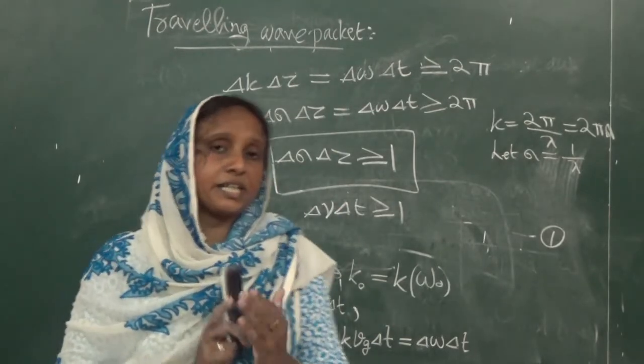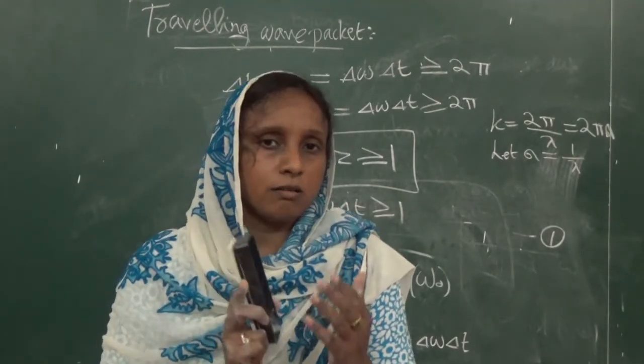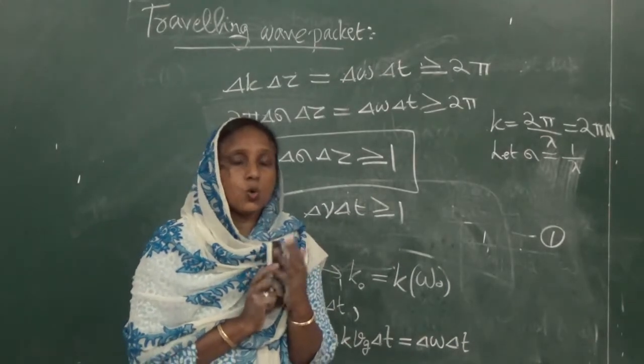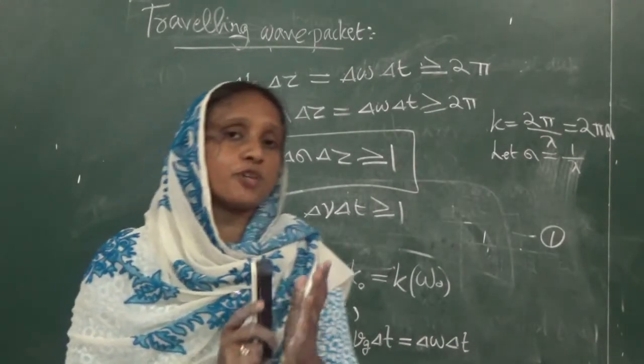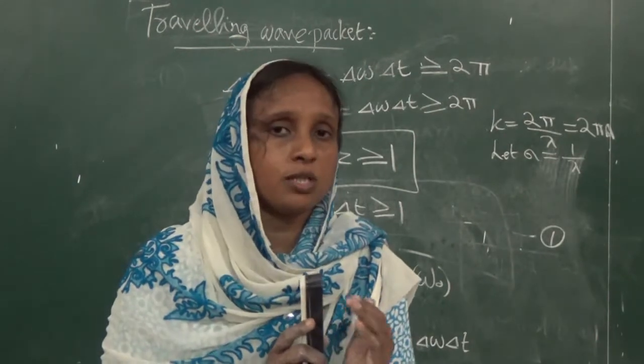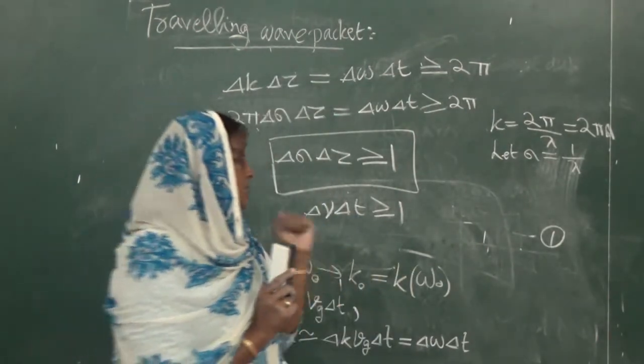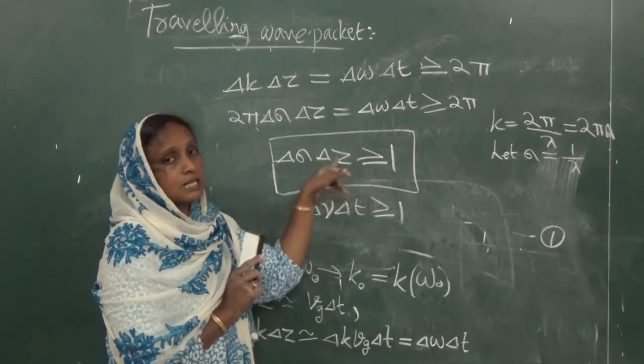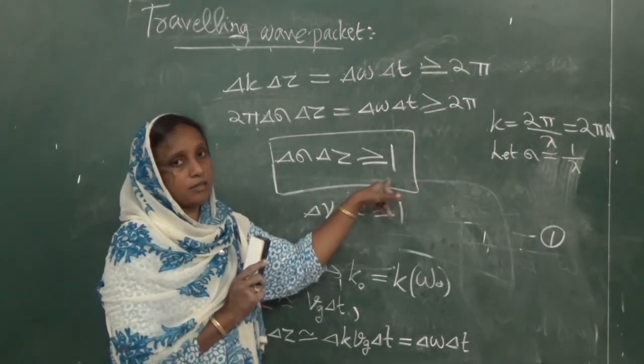If we arrange all initial conditions such that all of the components have the same frequency, same amplitude and same phase, then we get the minimum condition, delta sigma delta z equal to 1.